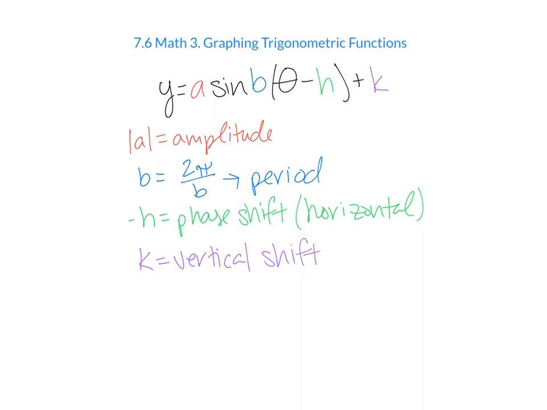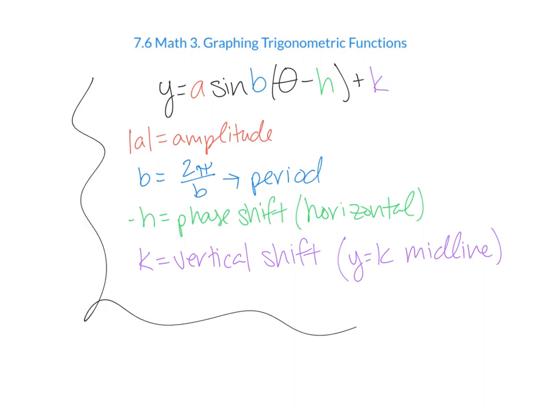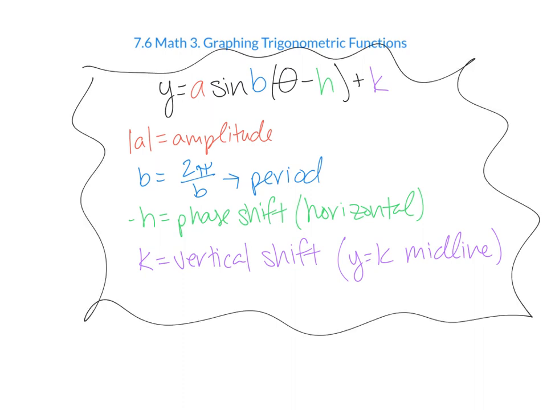And the kind of cool thing as well is that y equals k is the midline. Okay, so this is how you would deal with a sine or a cosine function. I'll put a little asterisk there and also say or cosine, because I want you guys to know either of them, this is what you would do.